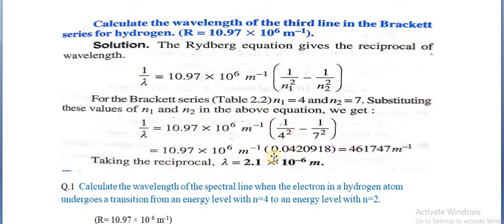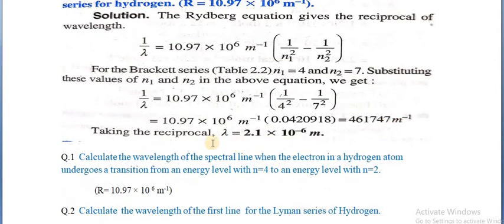This whole value reduces to 0.0420918, and when you multiply this with R, it comes as 461747 per meter. Since this is 1/λ, when you take the reciprocal, 1 is divided by this value, which comes as 2.1 × 10^-6 meter. So this is how we can solve the numerical based on the Rydberg equation.